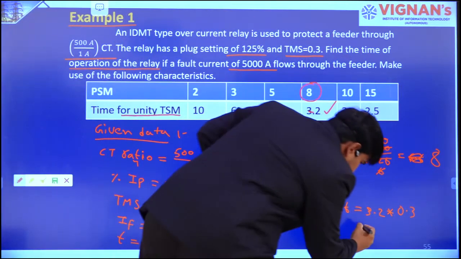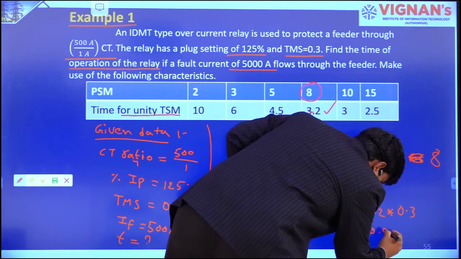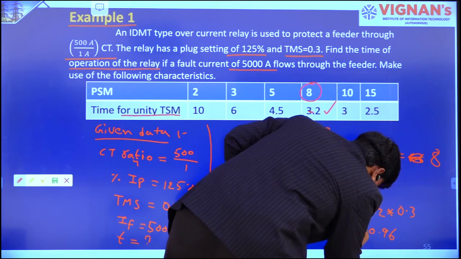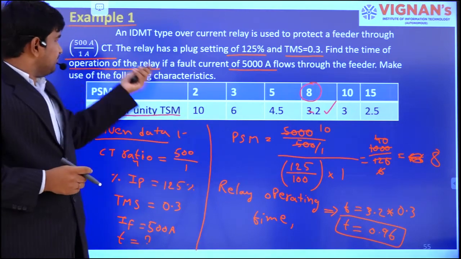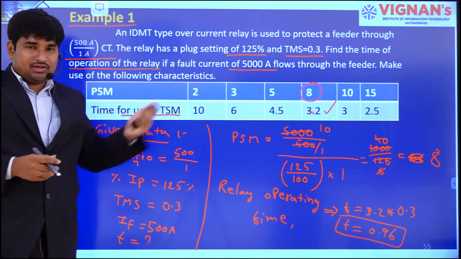The value will become 0.96. So this is the relay operating time of this IDMT type relay.